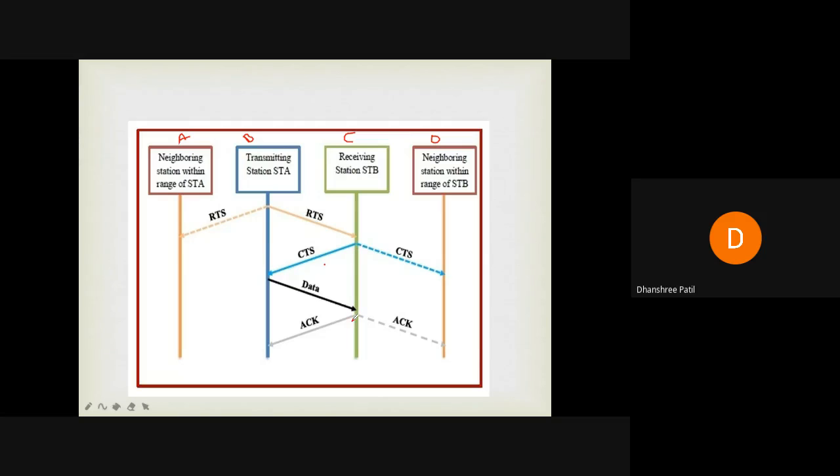The frame has reached C. Once the frame reaches C, C sends an acknowledgement to both stations B as well as D. Okay, this is the working of MACA.